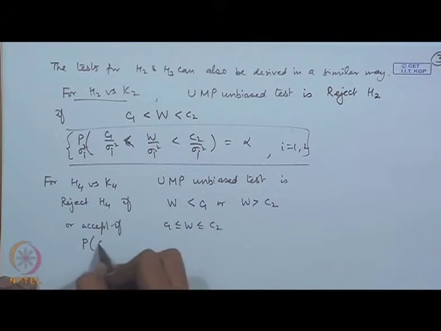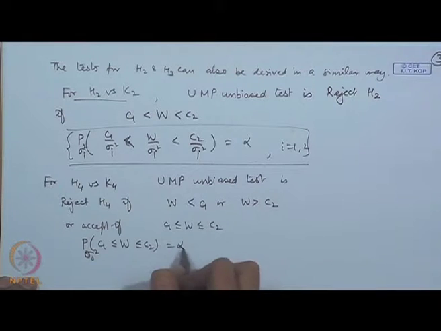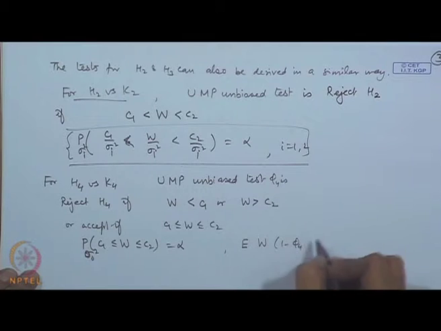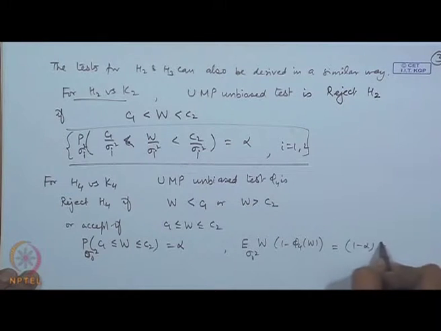You will have probability of C1 less than or equal to W less than or equal to C2 at sigma naught square is equal to alpha, and there will be another condition, that is expectation of W times 1 minus phi 4, let me call it phi 4 W, at sigma naught square is equal to 1 minus alpha times expectation at sigma naught square of W.